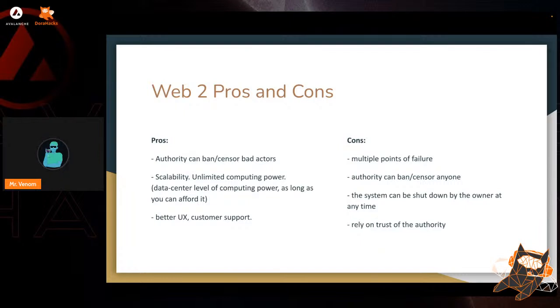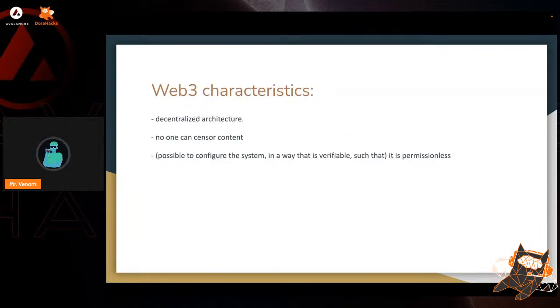So that's the Web2 world that we had. And let's look at some characteristics of Web3. The first thing, in terms of architecture, is that it is decentralized. We don't have any centralized company or any single point of failure, and also we have no censorship, and it can be permissionless.